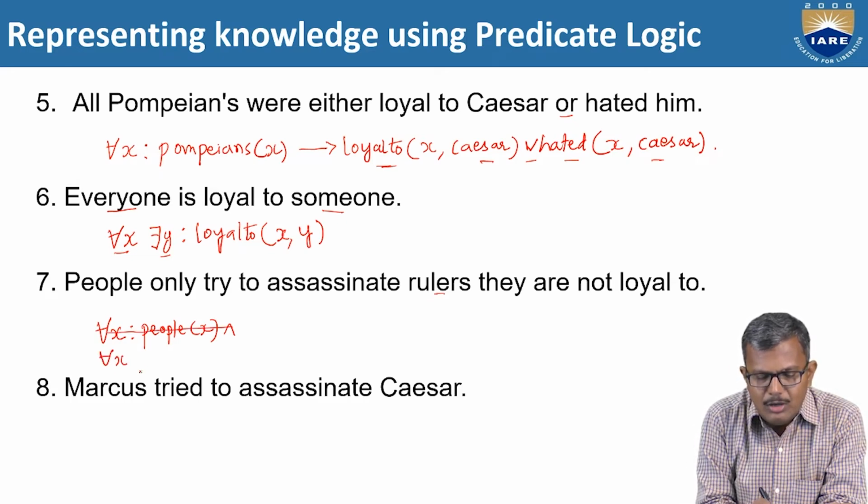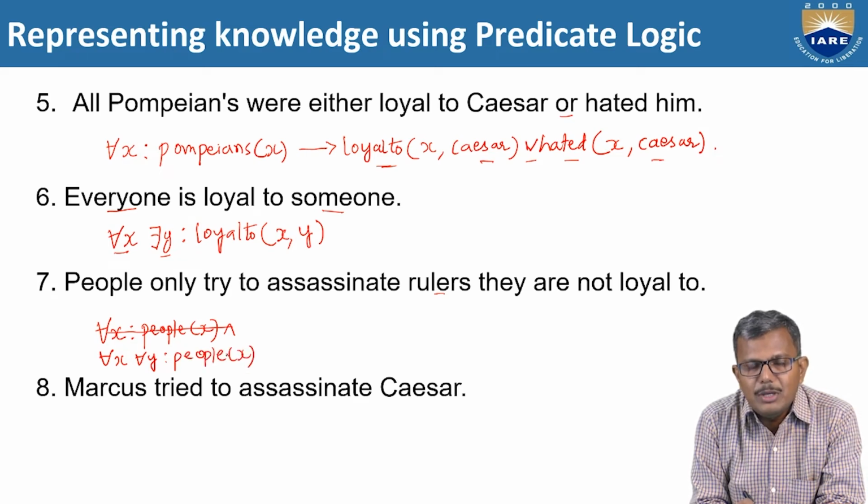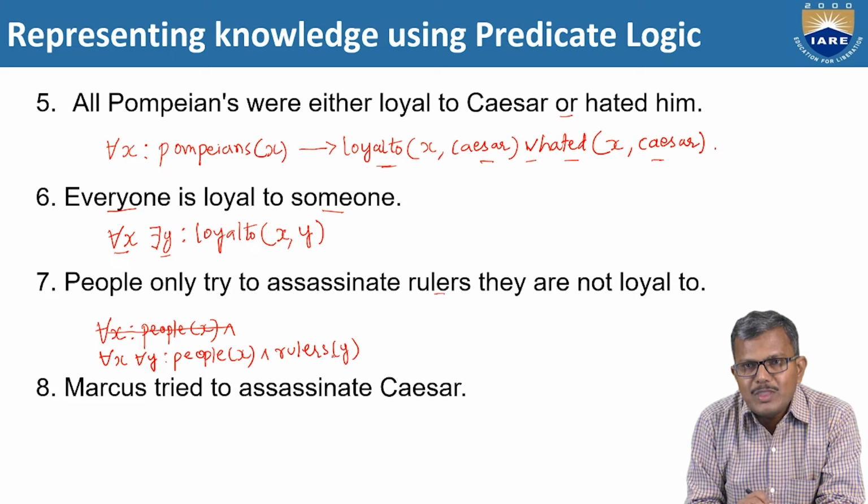So for all X and for all Y. We are taking X to represent the people, and we are taking Y to represent the rulers. And they are trying to assassinate.